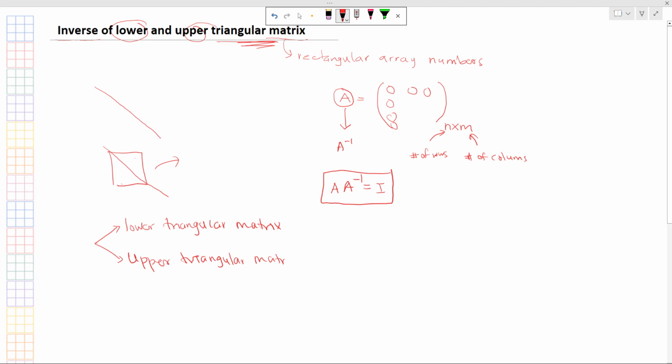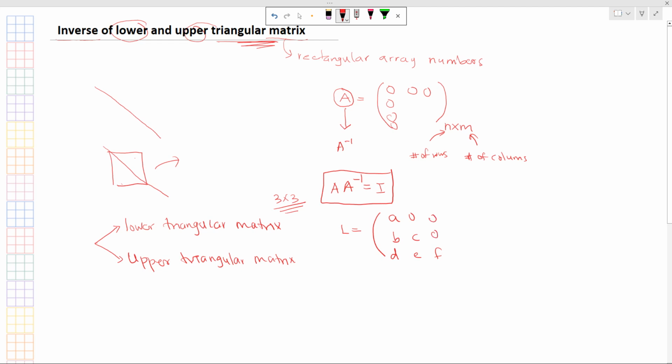I will denote the lower triangular matrix using the letter L, and it will be in the form of A, B, C. If I consider a 3 by 3 matrix, A, B, C, then D, E, F, the rest will be 0.